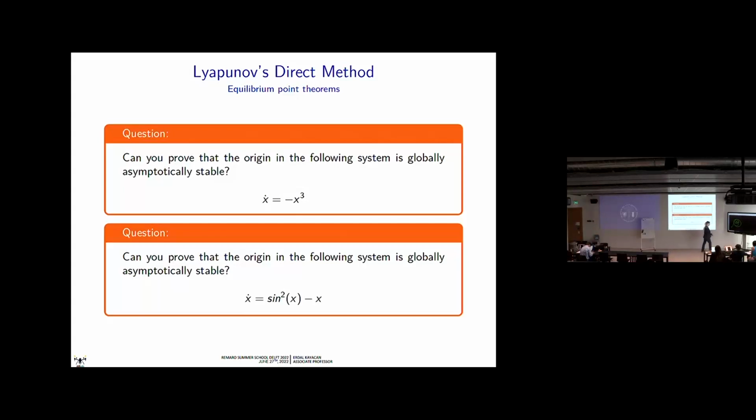You can make the same analysis here. How is minus x cubed? Is it like this? It's positive, it's negative, this point is stable, and it's globally stable. So your conclusion makes sense. It's in line with Poincaré.